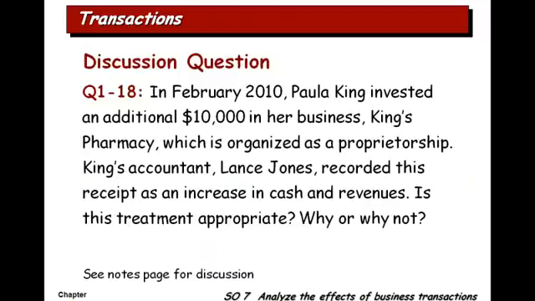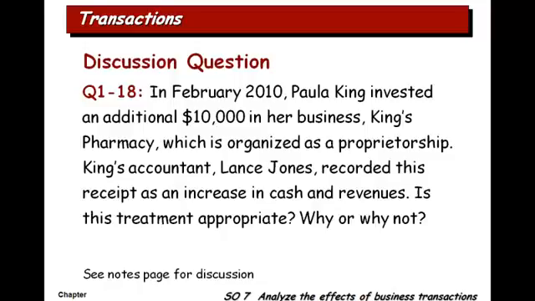In February 2010, Paula King invested an additional $10,000 in her business, King's Pharmacy, which is organized as a proprietorship. King's accountant, Lance James, recorded this receipt as an increase in cash and revenues. Is this treatment appropriate? Why or why not? Is this really a revenue or is it a contribution into the company?